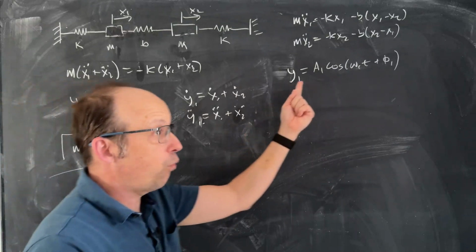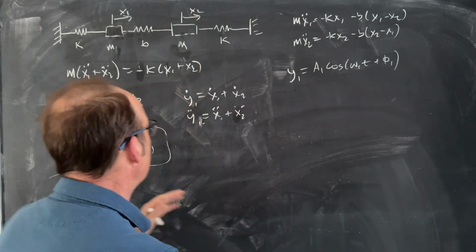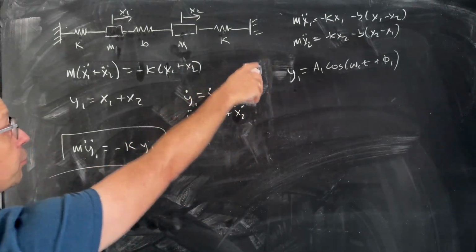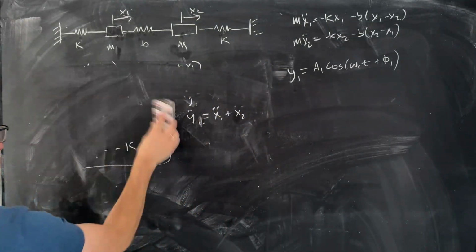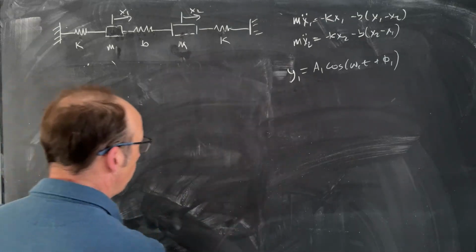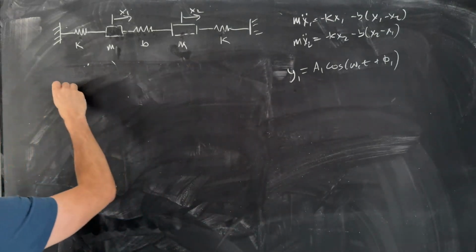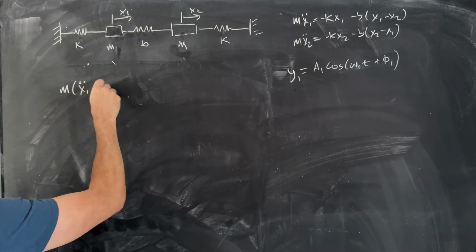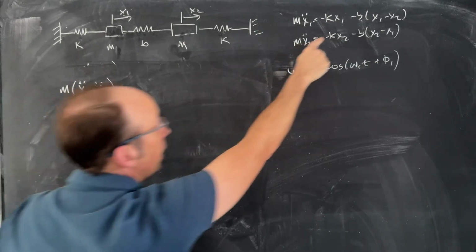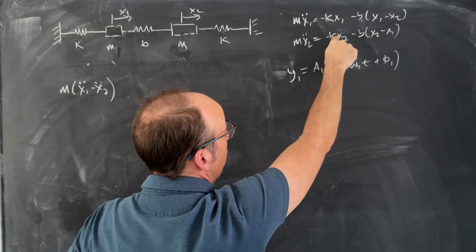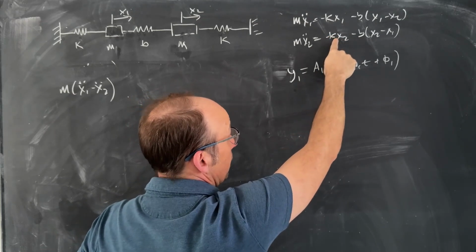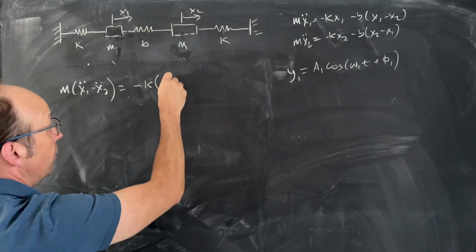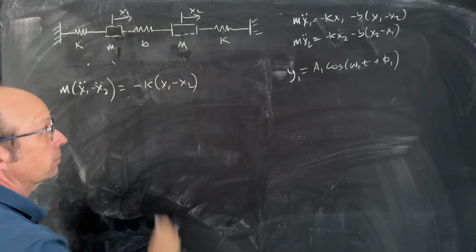But I only have one variable to represent two objects, and that's impossible. So now let's go back to our equations over here and subtract them. So what happens if I subtract those two equations? I get m times x1 double dot minus x2 double dot. And then I have negative k x1 minus negative k x2, which is equal to negative k times x1 minus x2.